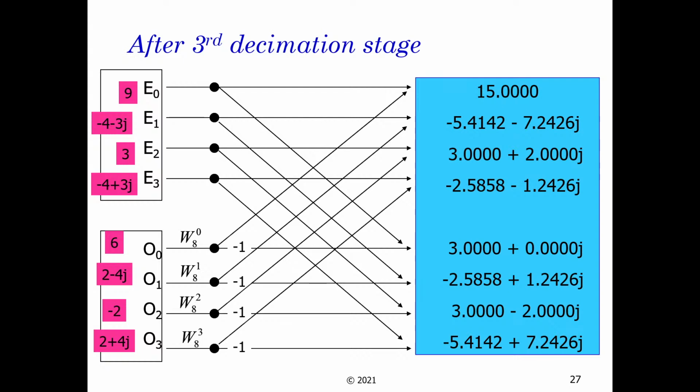That means 16 points being 2 to the 4 gives you 4 decimation stages. E represents the even indexes, and O represents the odd indexes for those sequences.